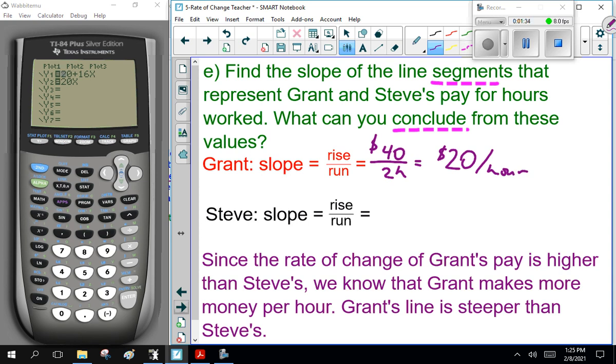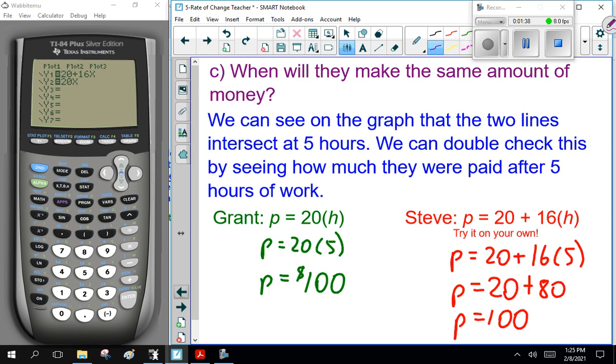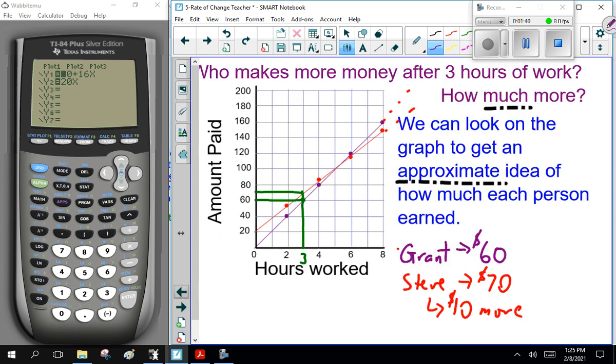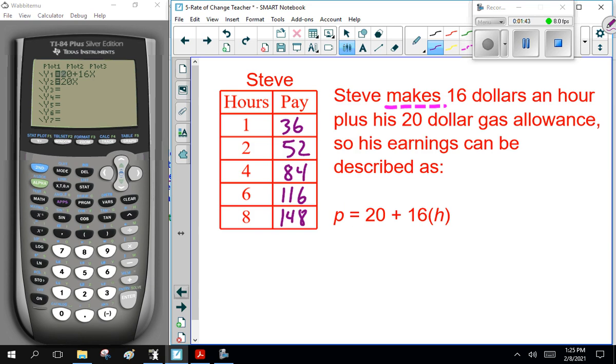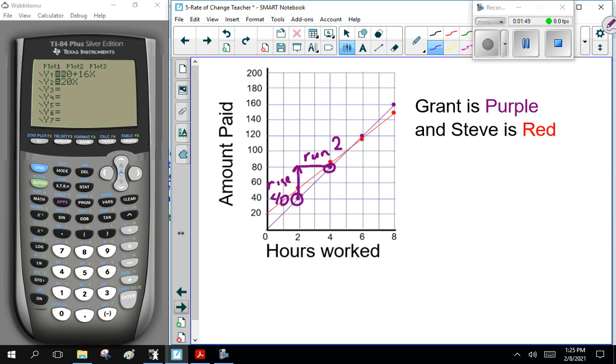Now, Steve, remember, is $16 an hour plus a $20 gas amount. So I'd bet that Steve's slope is 16. I have trouble reading this off the graph, but let's give it a try.